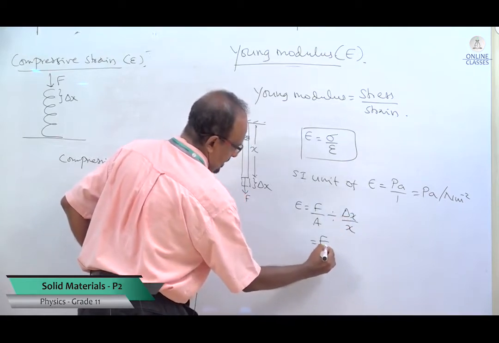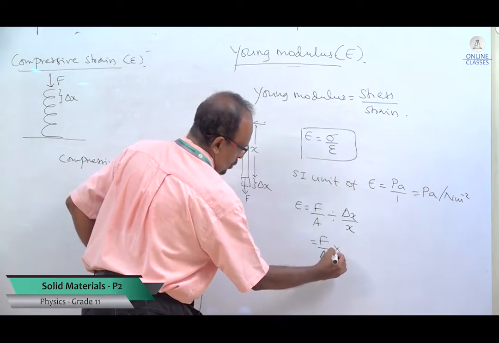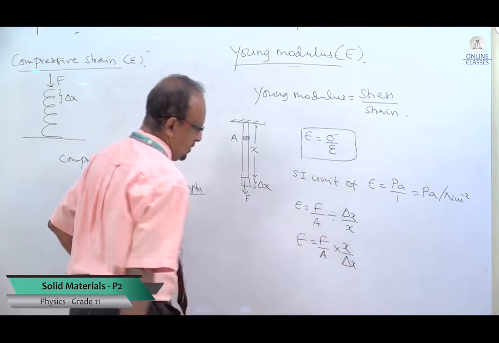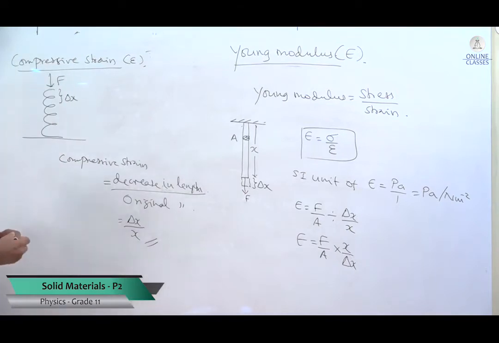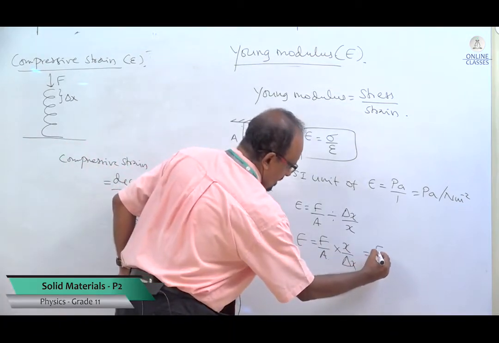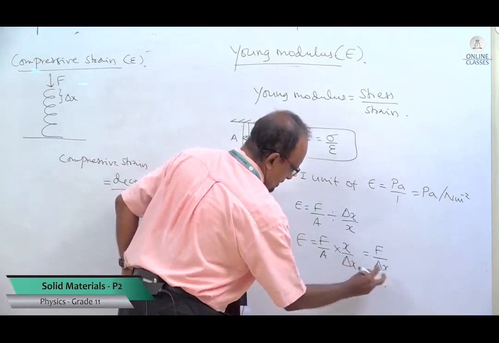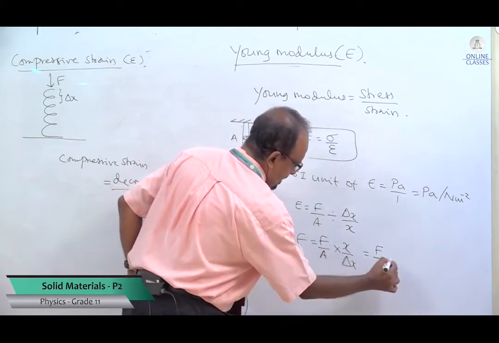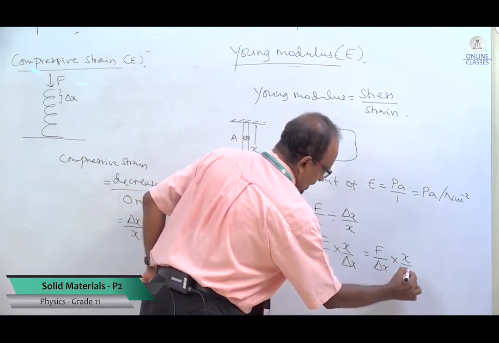So we can turn this into x over delta x. So Young modulus will be F over A into x over delta x. Then we can arrange this equation this way: F over delta x, in the same column, and then into x over A.